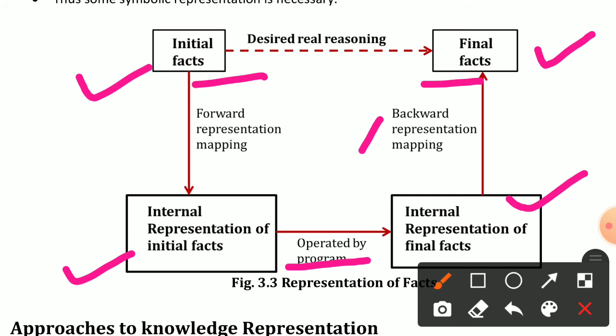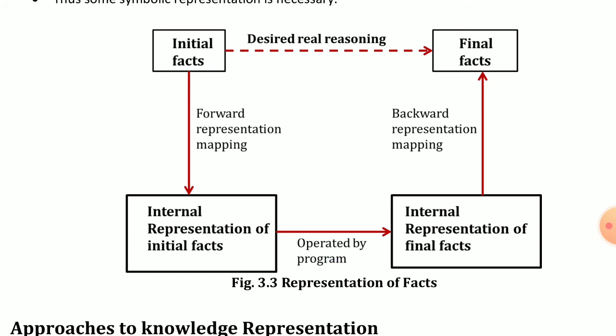So this whole process is the representation of facts. How can we represent the facts? Facts means real objects. So here our second topic of unit number 3, framework of knowledge representation, is completed.